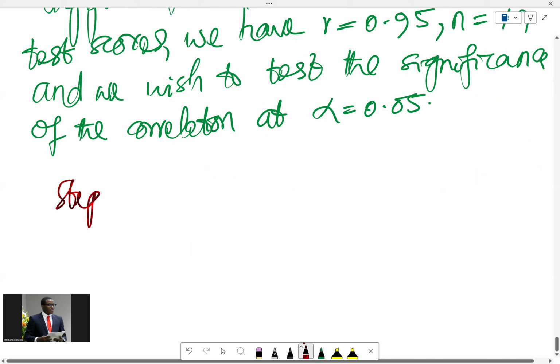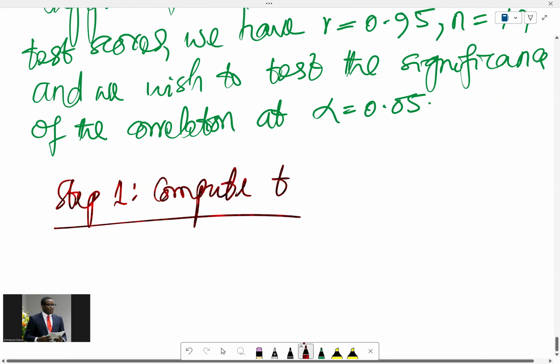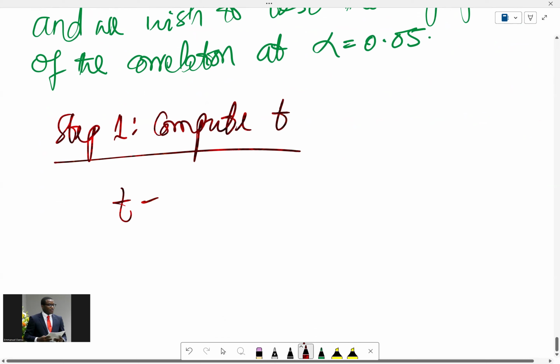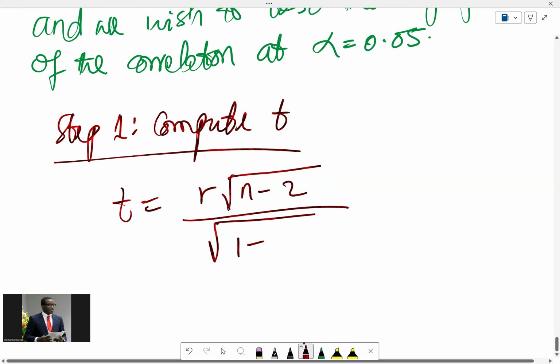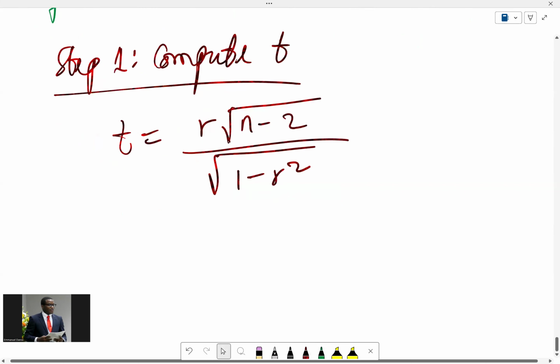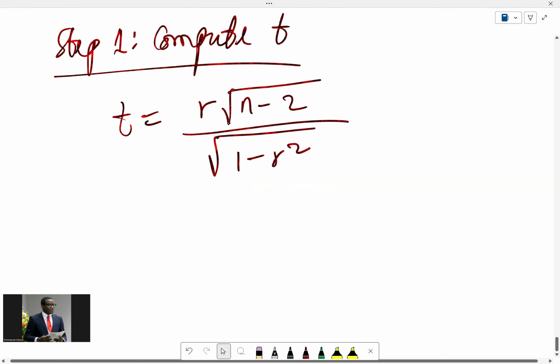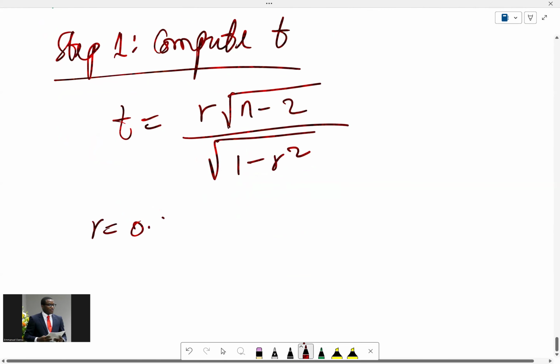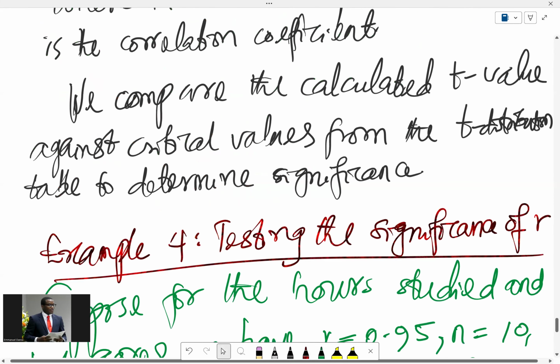So for step 1, we need to compute T based on the formula given. T is r square root of n minus 2 divided by square root of 1 minus r squared. Here r is 0.95, n is 10.